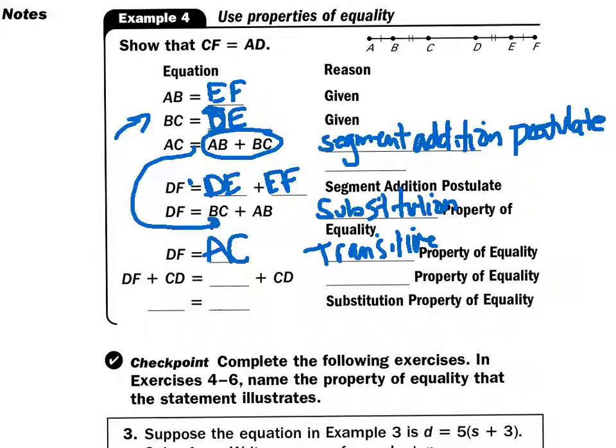So now we can say that DF plus another segment equals AC plus another segment from the addition property.